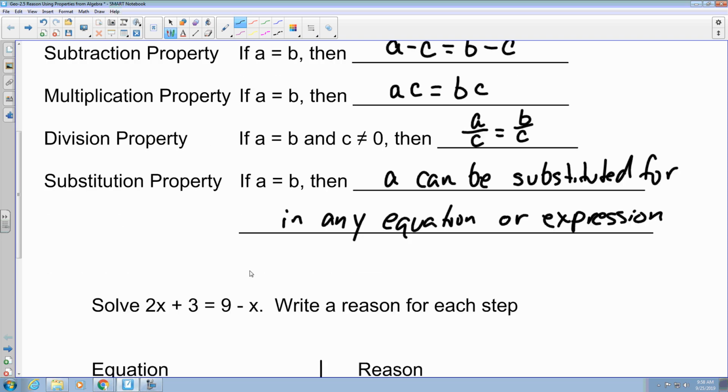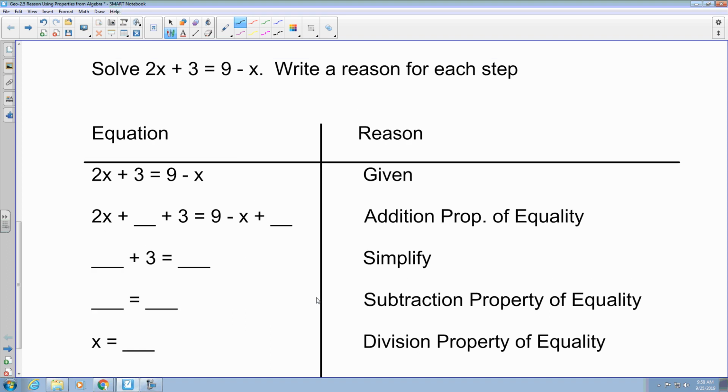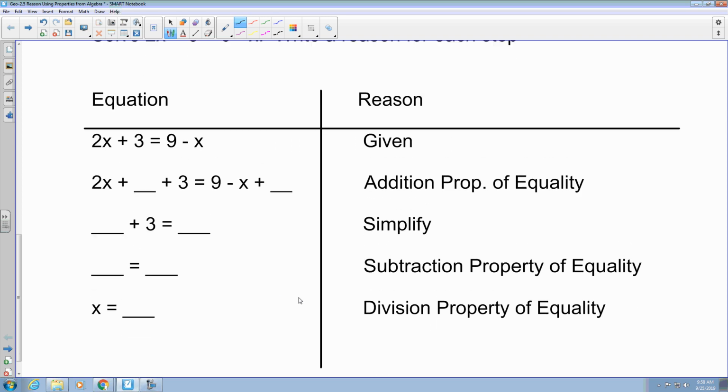So looking at this first example, it says solve 2x plus 3 equals 9 minus x, and write a reason for each step. For this particular one, they gave you the reasons. This is a two-column proof setup, with our steps on the left-hand side and our reasoning on the right-hand side.